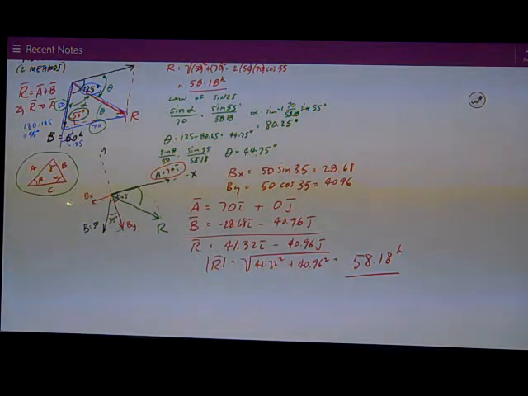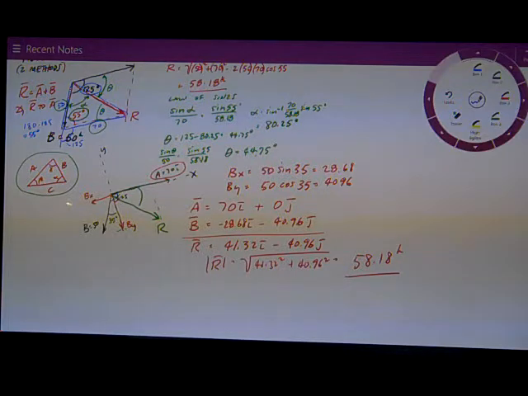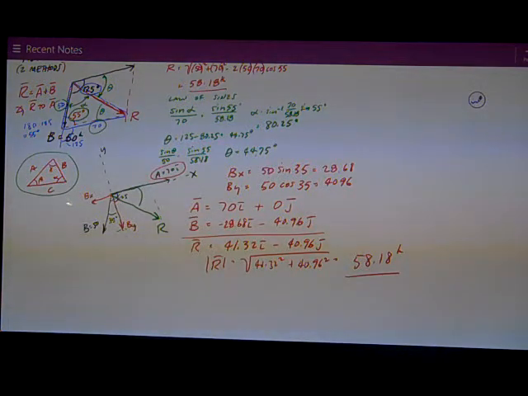Well, here I have a right triangle and I know the sides. So I know that this side here is 41.32. This side opposite is the same as by, which is 40.96. So that's opposite. 40.96 divided by 41.32 gives me the tangent.